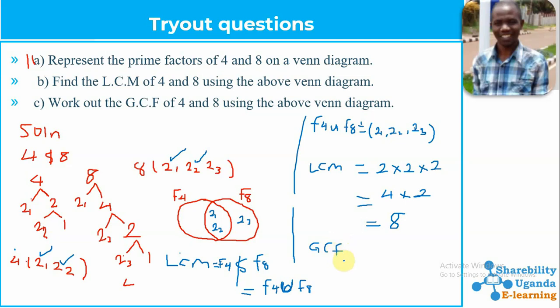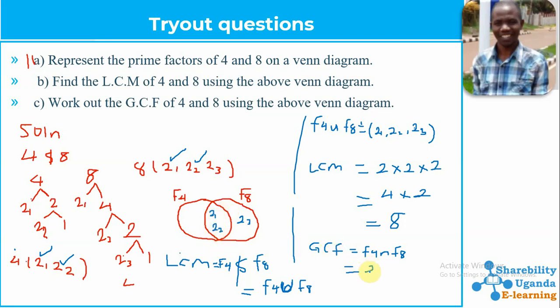Then how do we get the greatest common factor? To get the greatest common factor is the same as the prime factors of 4 intersection the prime factors of 8. So this is going to be equal to what are those that are in the intersection? We said there are 2, okay?